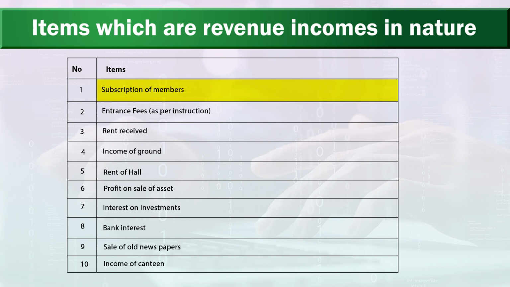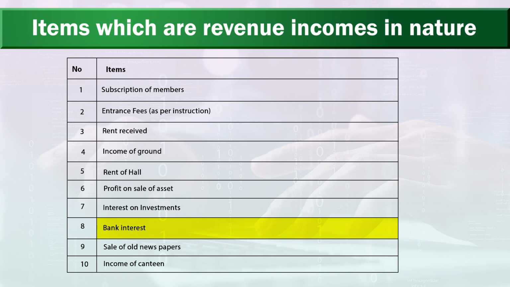1. Subscription of members. 2. Entrance fees as per instruction. 3. Rent received. 4. Income of ground. 5. Rent of hall. 6. Profit on sale of assets. 7. Interest on investments. 8.